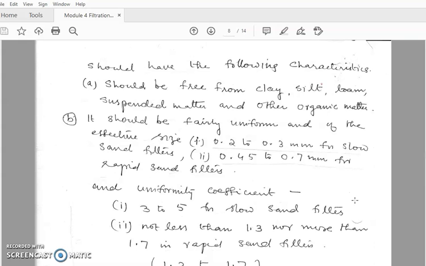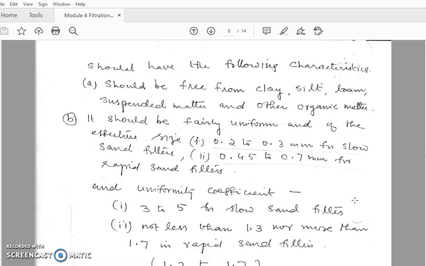Usually the sand which we collect from the rivers is used as the media, since it is free from clay and silt or loam. Again, suspended matter and impurities are not there. So we used to collect it from the rivers.